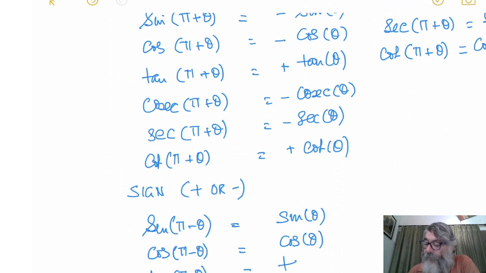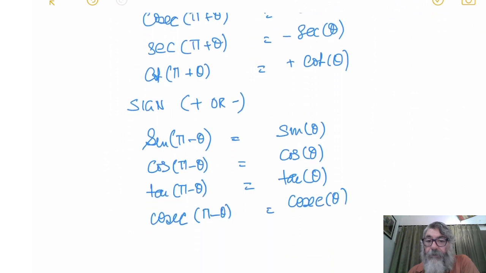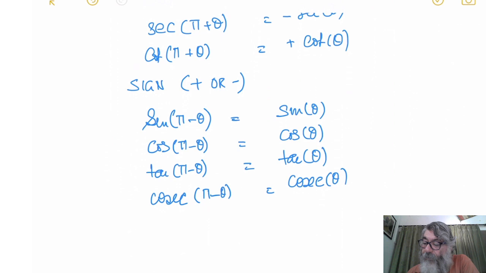Cosec pi minus theta will remain cosec theta. Along the x-axis there is no change. Sec pi minus theta will remain sec theta, and cot pi minus theta will remain cot theta.